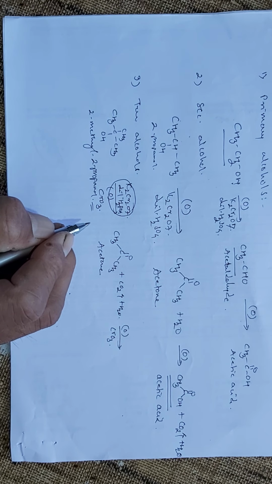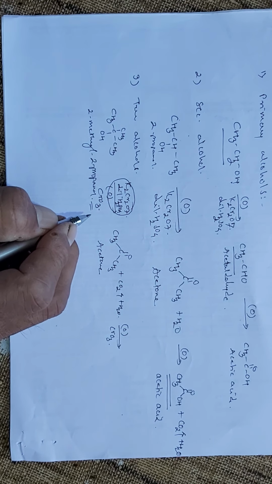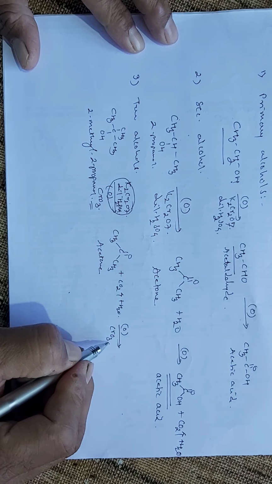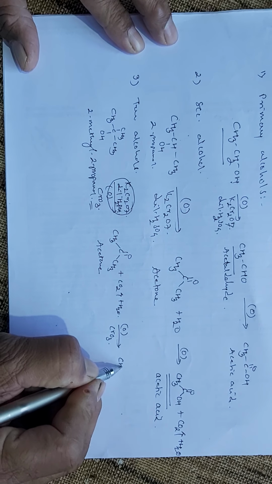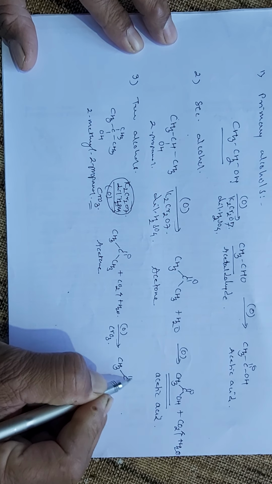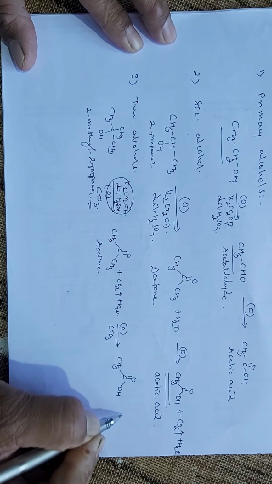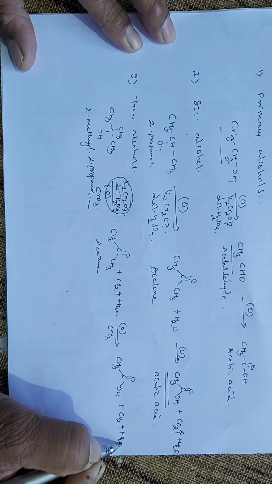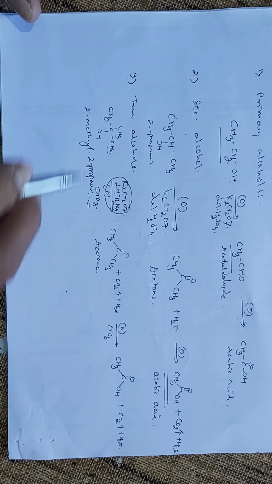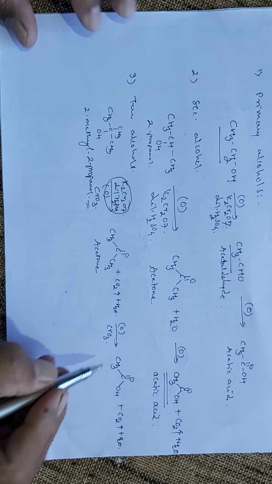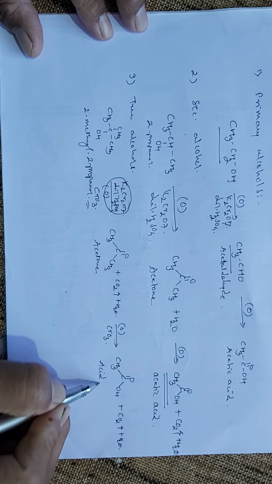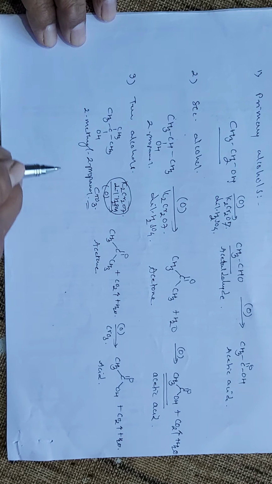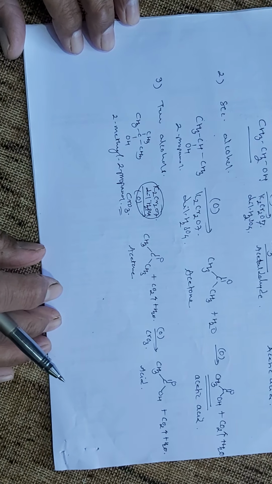The chromic oxide on oxidation gives you a ketone with one carbon atom less, which on further oxidation will give you a carboxylic acid again having one carbon atom less. Means in the overall reaction you will see that the acid from the tertiary alcohol has two carbon atoms less, and so in this way the oxidation of tertiary alcohols is carried out.